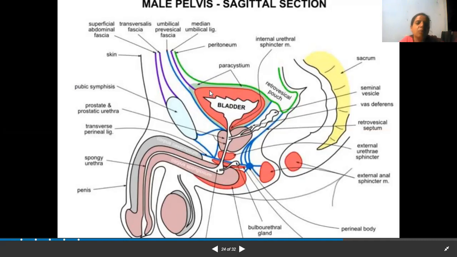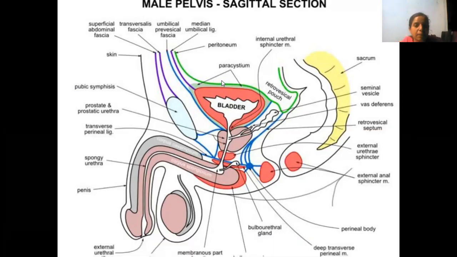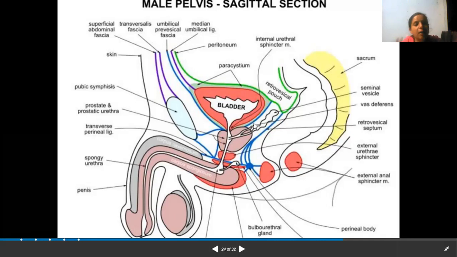Okay. Now when you see this picture, you need to understand many features of urinary bladder. It will be a 3D picture. In order to understand, you have to imagine a little also. See this surface which is above, you call as superior surface. This surface which is below, you call it as inferolateral surface.